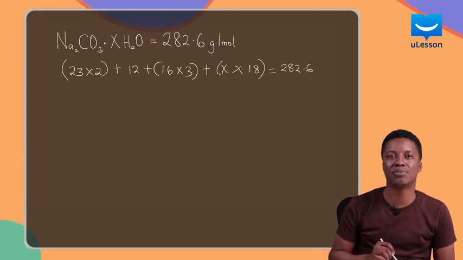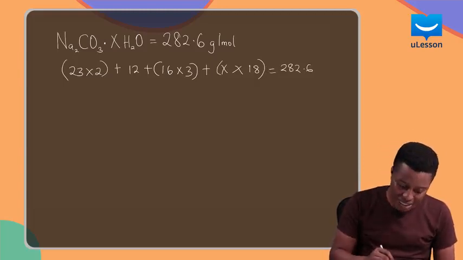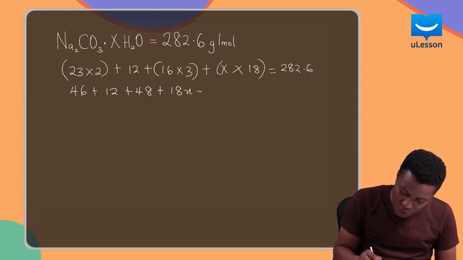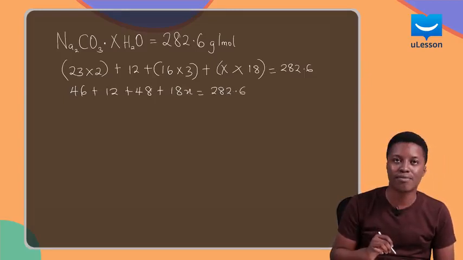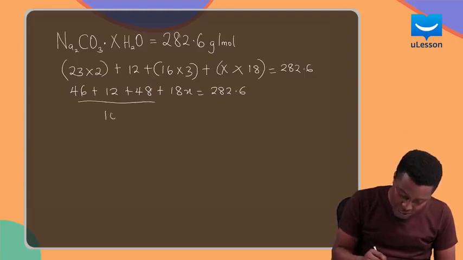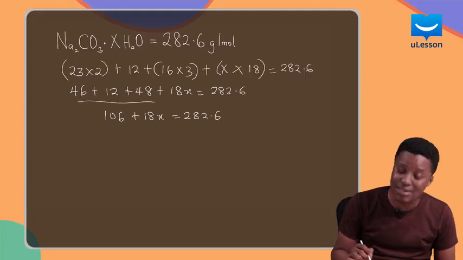282.6 grams per mole. When we simplify this, we have 46 plus 12 plus 48 plus 18x equals 282.6. When we sum up these first 3, we obtain 106 plus 18x equals 282.6.